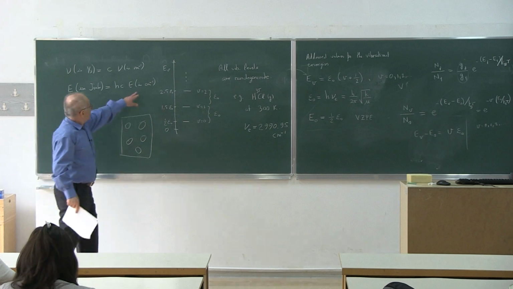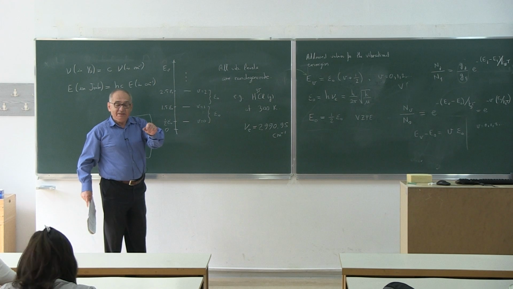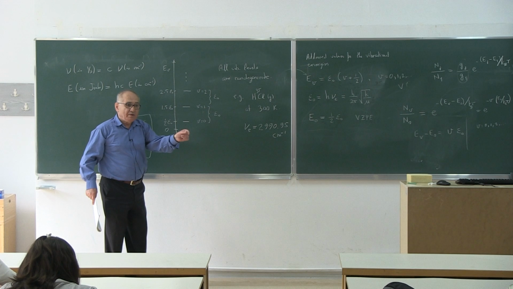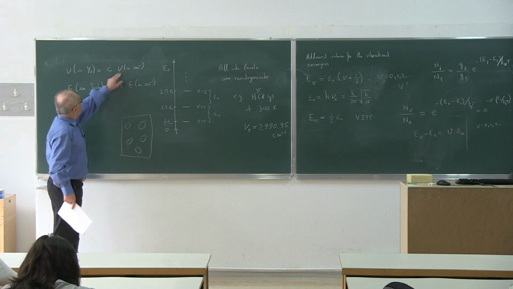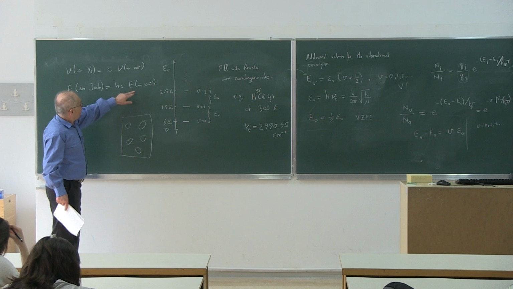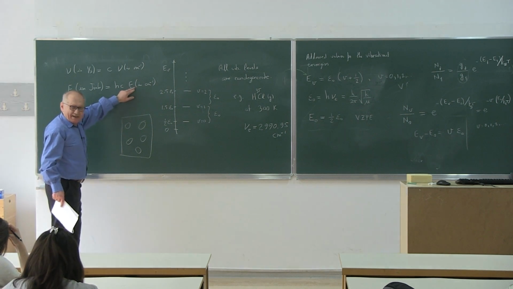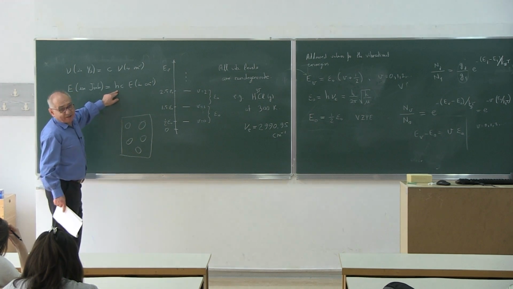In other words, this wave number unit can be regarded either as frequency unit or energy unit. If you are regarding it as frequency unit, the conversion factor is C. If you are regarding it in wave number as energy unit, the conversion factor is H times C.